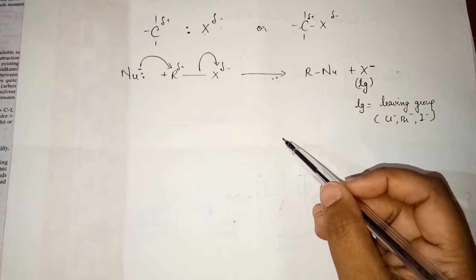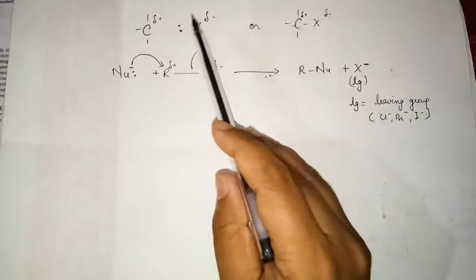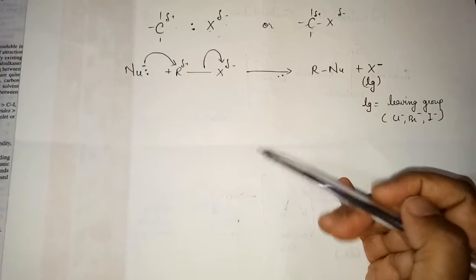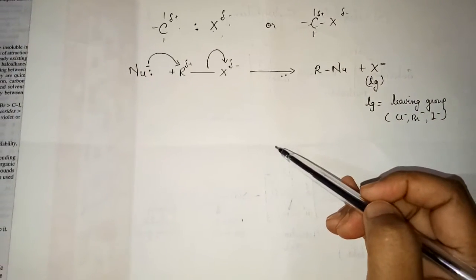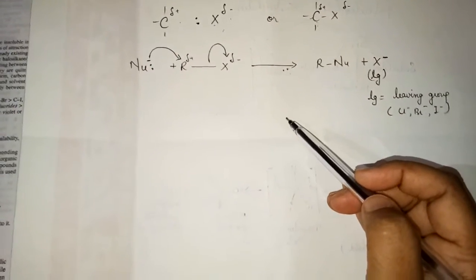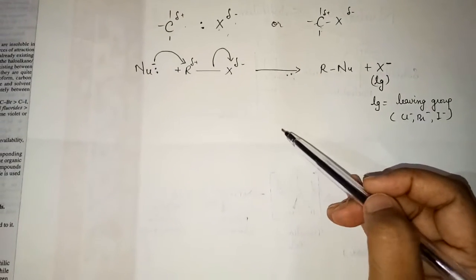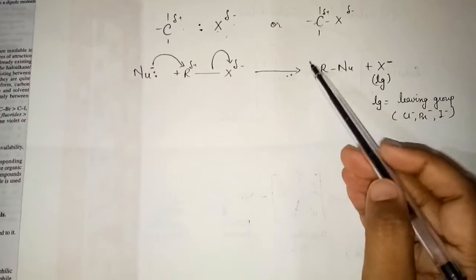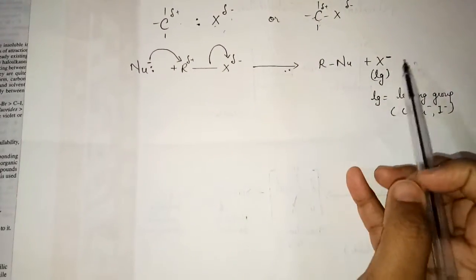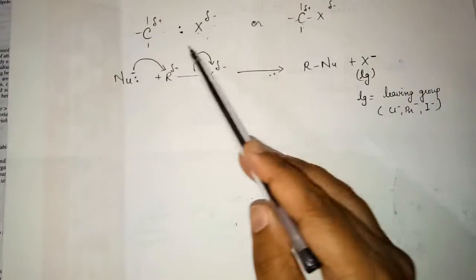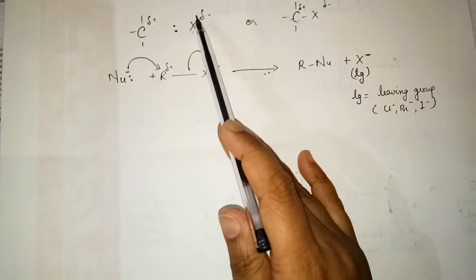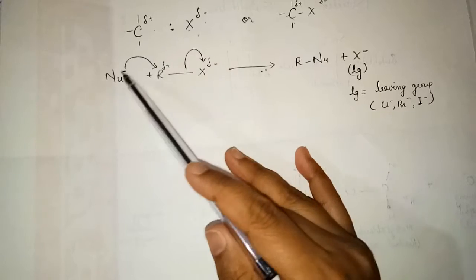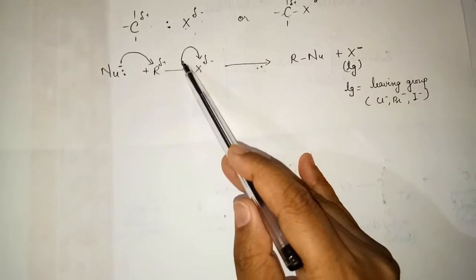The halogen atoms in haloalkanes are more electronegative than the carbon atom attached to it, and this is the main reason carbon acquires partial positive charge and halogen acquires partial negative charge. This acquiring of charge, positive charge on carbon and negative charge on halogen, helps the attack of nucleophile.